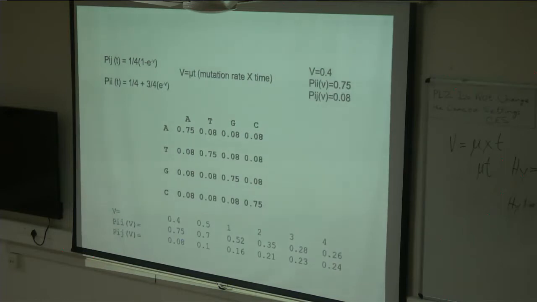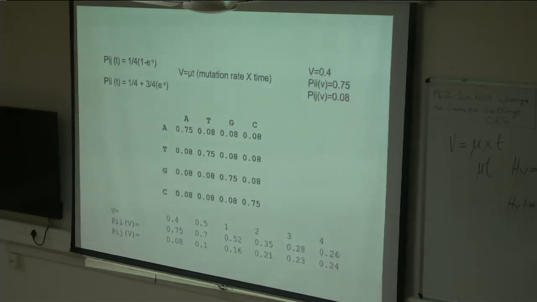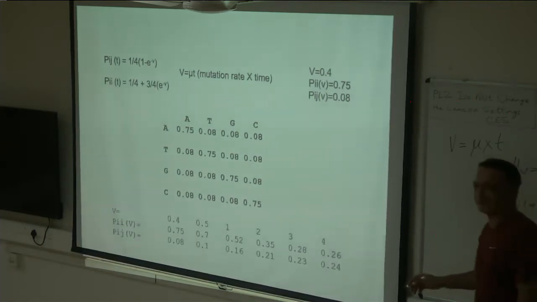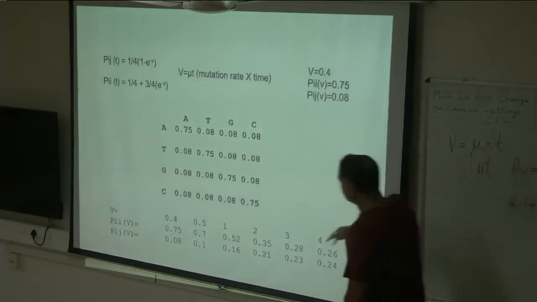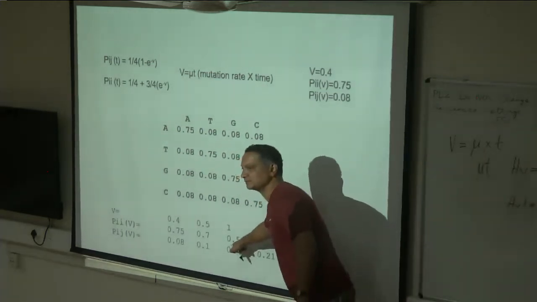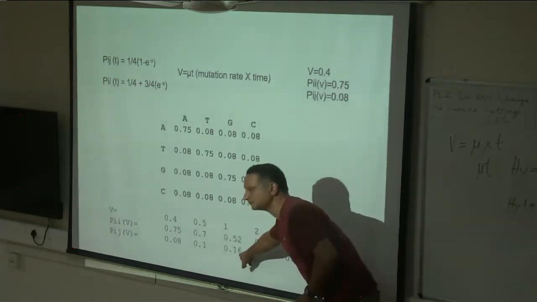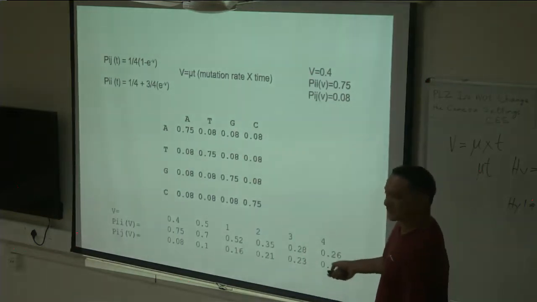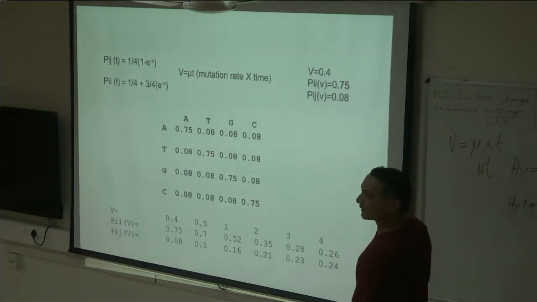What is the value of e? 1.7 something? Anyway, you plug that in there and you will get that value. Pij. Okay? So, is everyone with me? Okay. So now you can get this matrix.